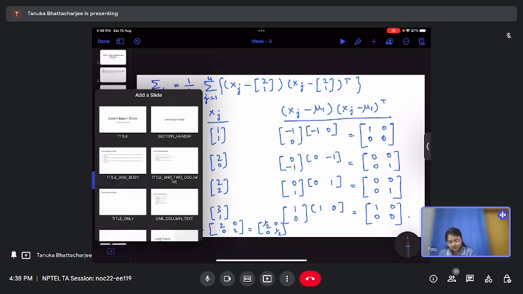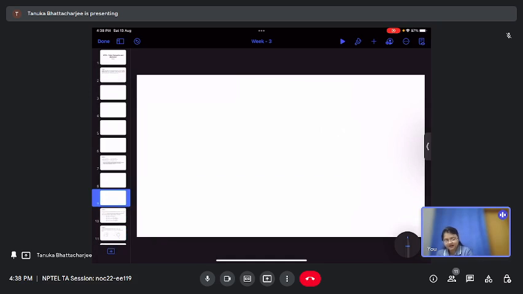The expression for sigma 2 will be, again with 4 samples, 1 by 4 summation j equal to 1 to 4, (xj minus mu 2)(xj minus mu 2) transpose.